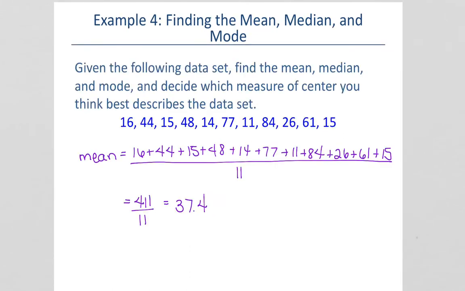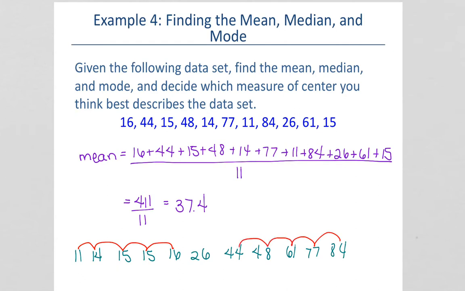To find the median, we need to list them all in order. Okay, so here's the order. I'm just going to tell you for time's sake. And there's an even number of them. So, let's see. 1, 2, 3, 4. 1, 2, 3, 4. 5.